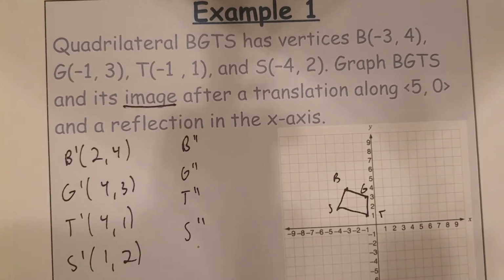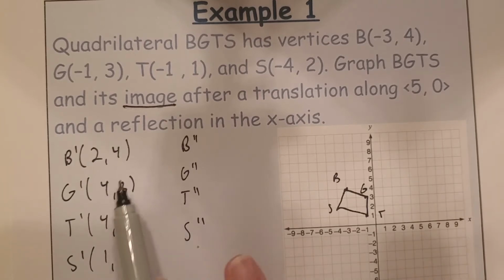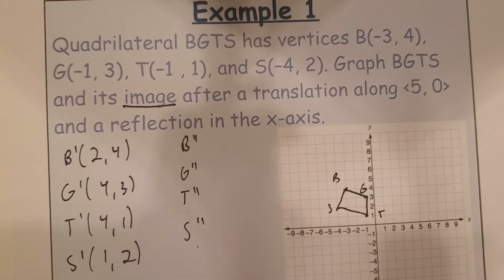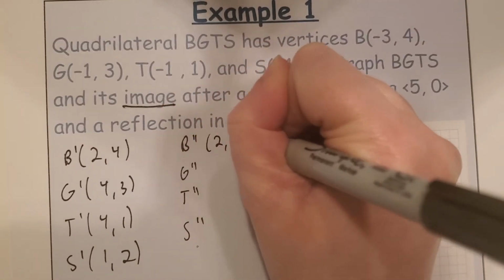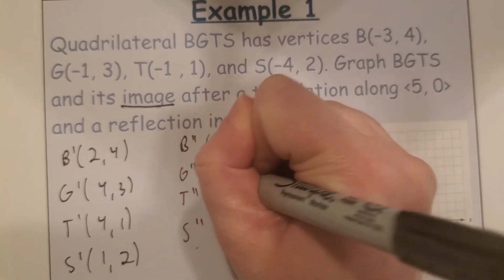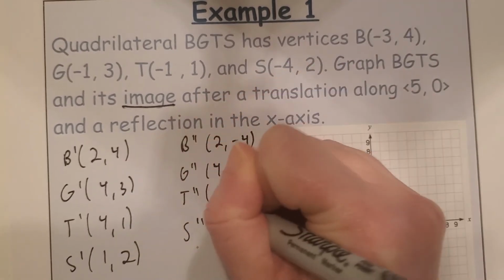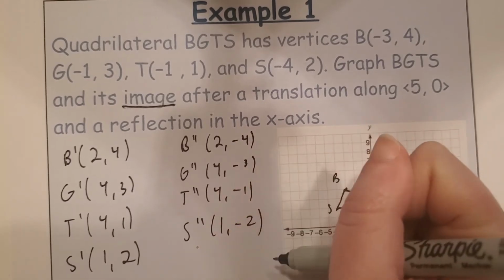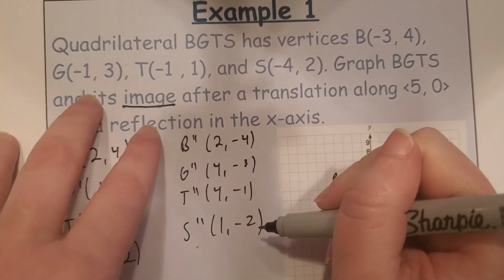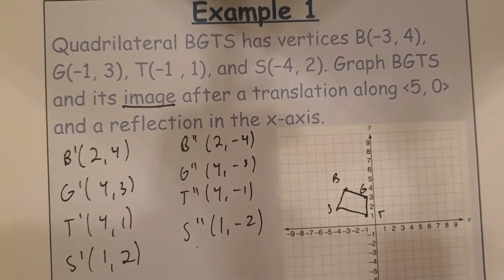So if you don't remember, a reflection in the x-axis, you're flipping it over this way, so the sign on your y value is going to change. So all of these y values, we're going to switch their signs. So 2, negative 4; 4, negative 3; 4, negative 1; and 1, negative 2. And it's these final points that are my final image points, and these are the points that I'm going to graph in my blue pen.